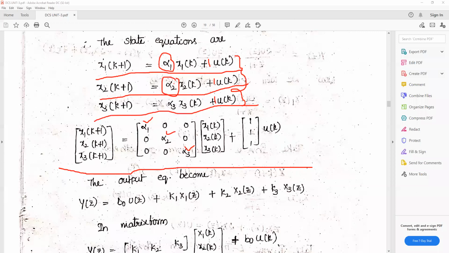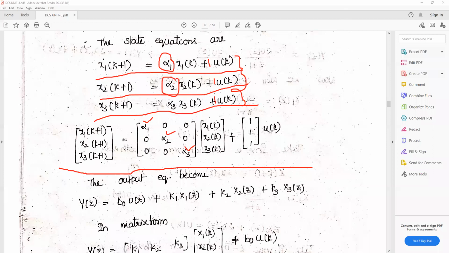So the coefficient of x1 of z is k1, x2 of z is k2, x3 of z is k3, plus the u coefficient is b naught into u of k. So this is the diagonal canonical form. This is the third method, the diagonal canonical form.